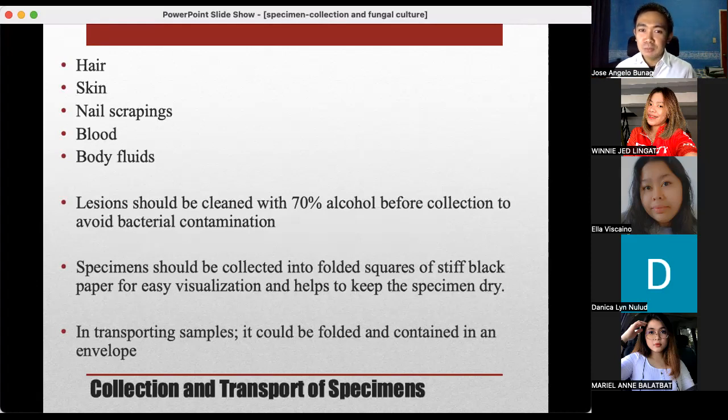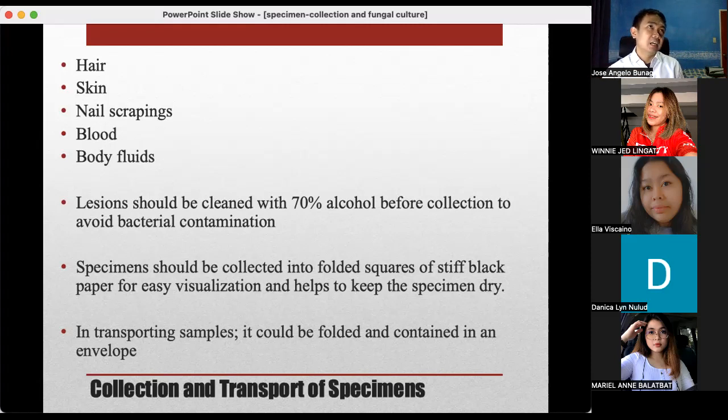But please do make sure, particularly sa specimen handling for your yeast culture, you need to have benchtop. Take note that all work on filamentous fungi must be carried out in a laminar flow biosafety cabinet to reduce exposure to your fungal elements, because of the additional hazards of your airborne conidia.